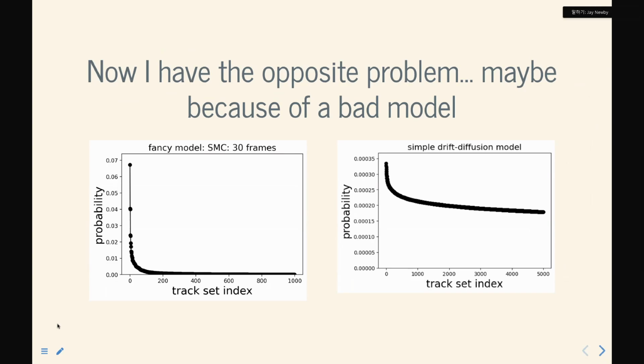5,000 track sets, all feasible, all with significant probability. Is that good? Is that better than this? That's terrible. It says that this model is so terrible, it cannot tell the difference between 5,000 different track sets.